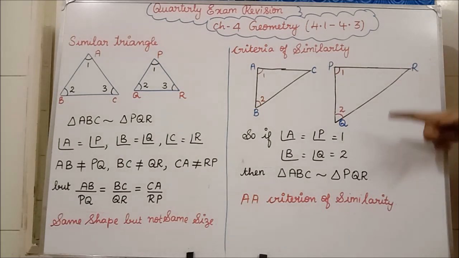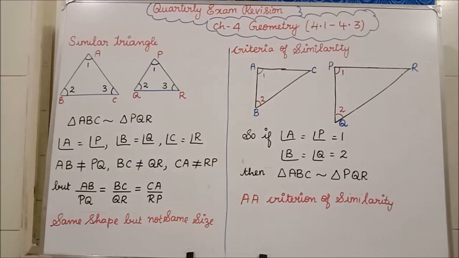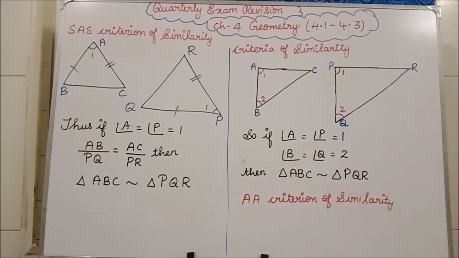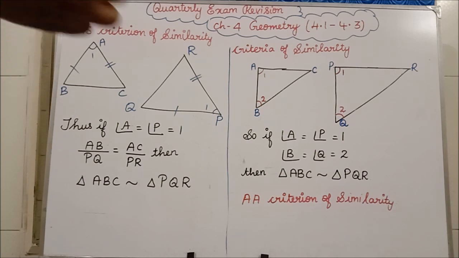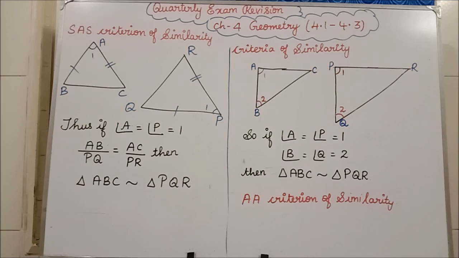Now we have seen the AA criterion. Still two more criteria we have: the SAS criterion, side angle side, and the SSS criterion. That we'll see now. I have written here the SAS criterion of similarity. First I will tell you the difference between the AA criterion and the SAS criterion.